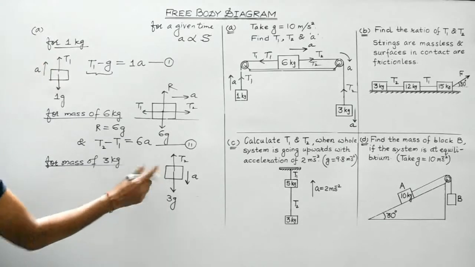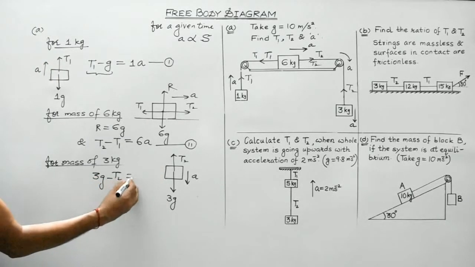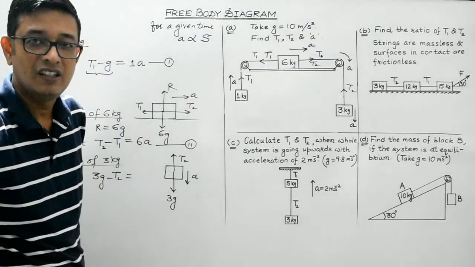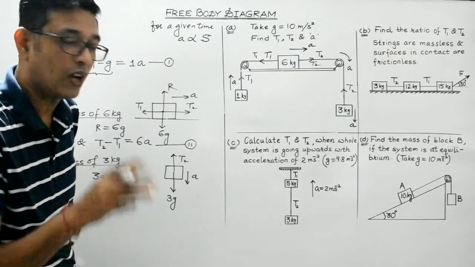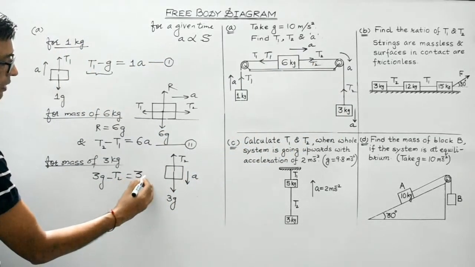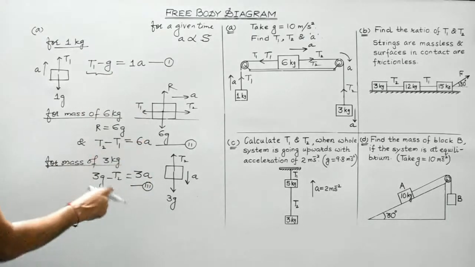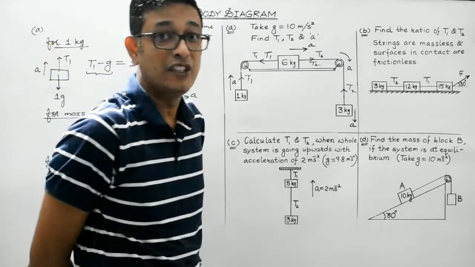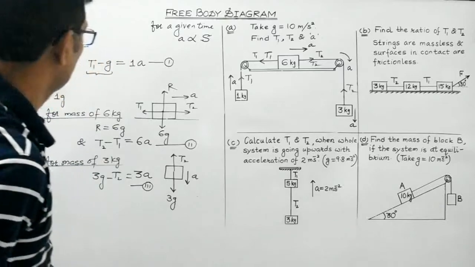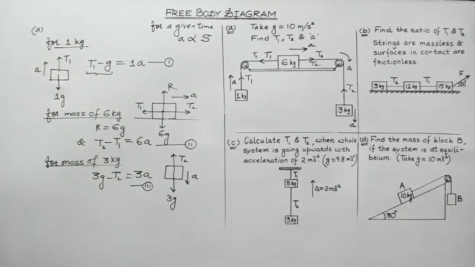So here the net force is 3g minus T2. This is the net force acting on this body. And net force is equal to mass into acceleration. The mass of this body is 3, so it will be 3 multiplied by A. So students, these are the three equations which we are supposed to make use of in order to find out the value of T1, T2 and A.